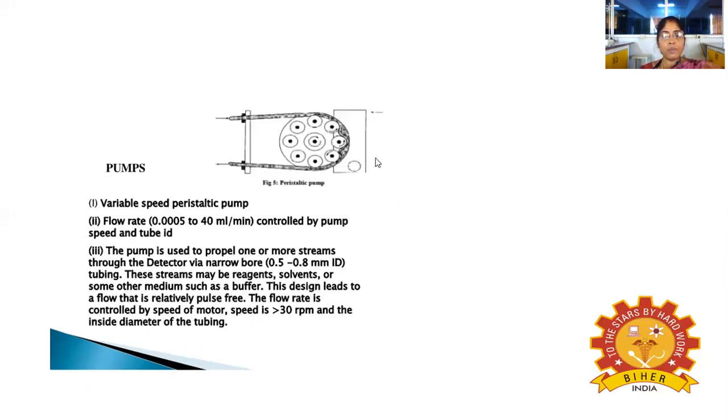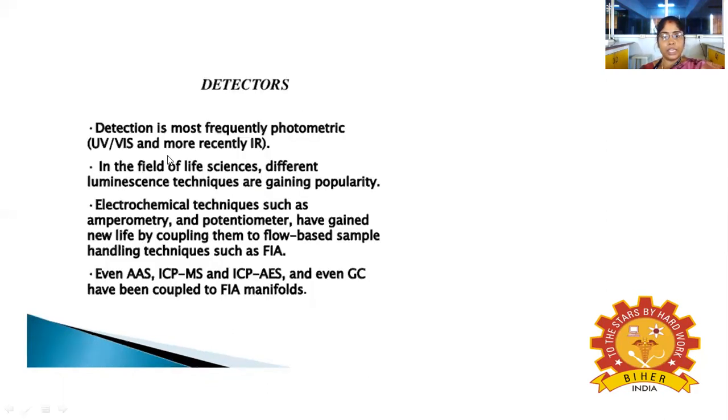So what type of pump do we use? As I have said, we use a peristaltic pump, so that the flow rate can be controlled for a particular period of time. After a particular period of time, we are going to give your carrier, or it is going to take some amount of your sample into the mixing stream for mixing up. Okay. So this flow rate has to be designed in such a way for taking the carrier to be mixed up with the reagent. So what type of detector do we use?